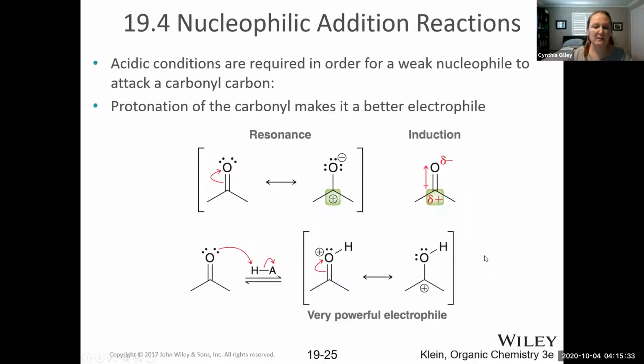So that's what we mean when we say that the acid catalyzes or activates the carbonyl carbon for nucleophilic attack. It's simply making a more powerful electrophile at that carbonyl carbon than would have existed prior to proton transfer.